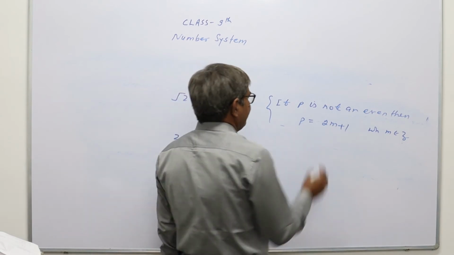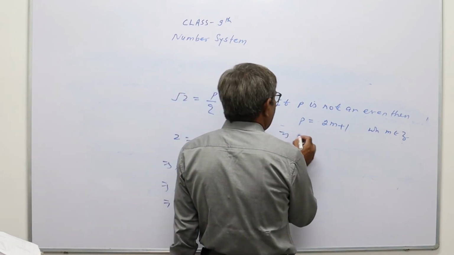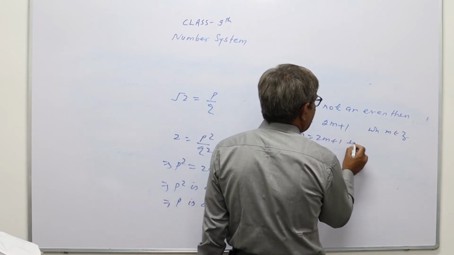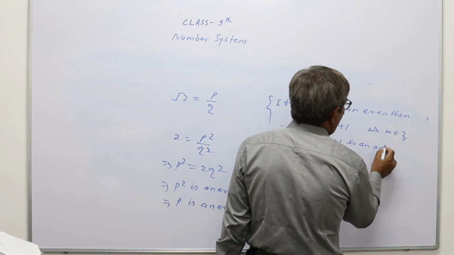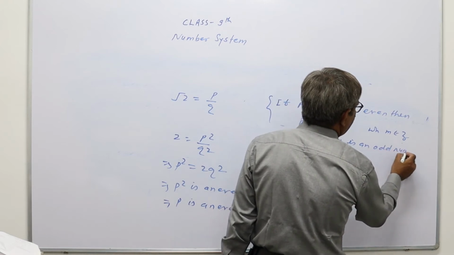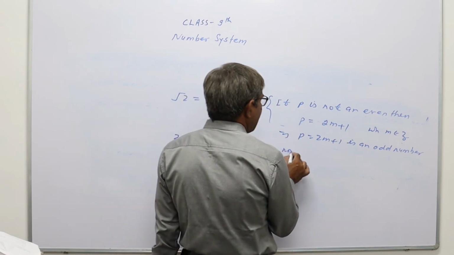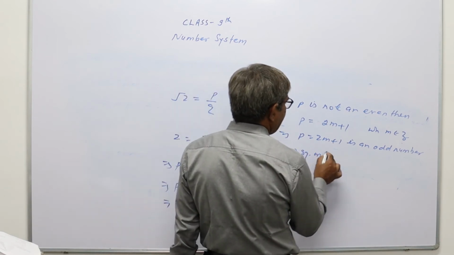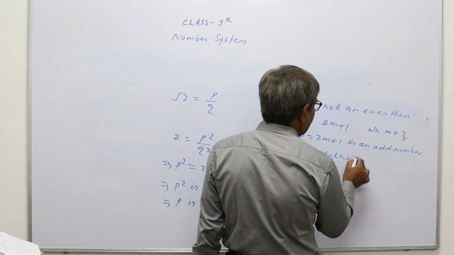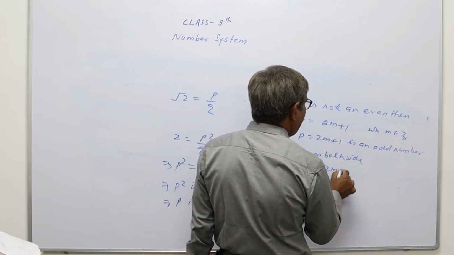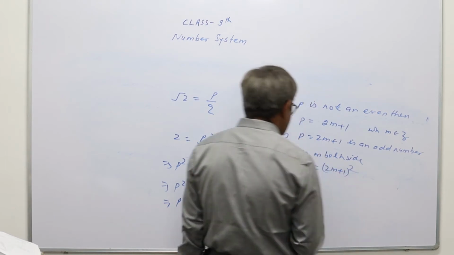So p equals 2m plus 1 is an odd number. Now squaring on both sides, p square equals 2m plus 1 whole square.